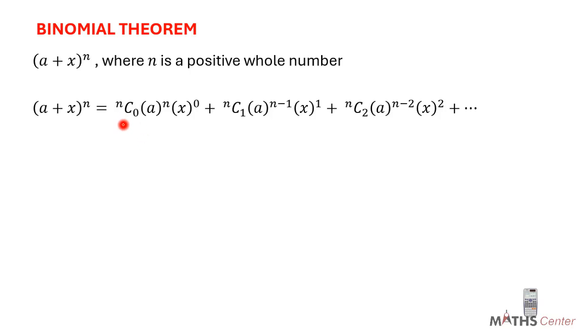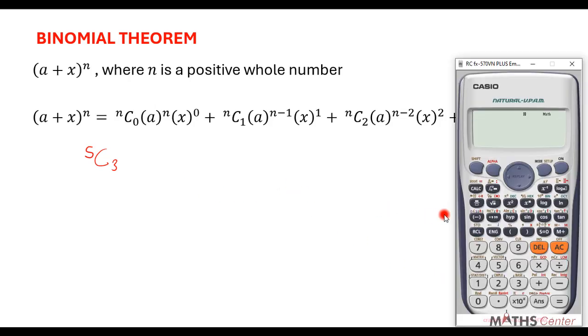Now, how do we find the combinations? Let's assume n is 5 and you want to find, let's say, 5 combination 3. How do you do that? You can easily do that on your calculator. So I'm going to show you how to do that on the calculator. I have my calculator here.